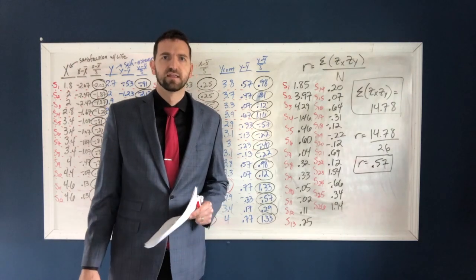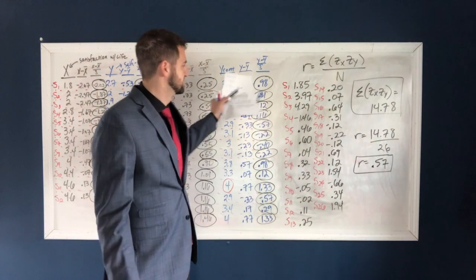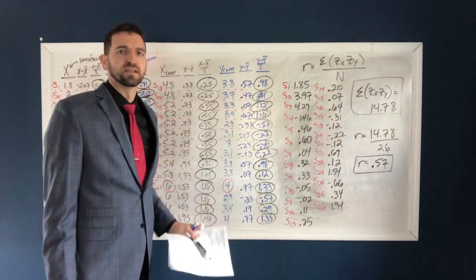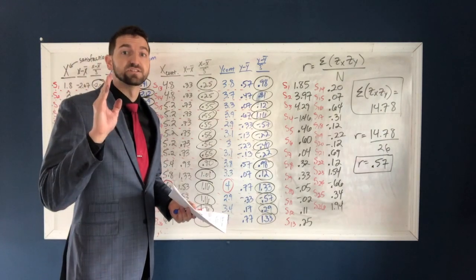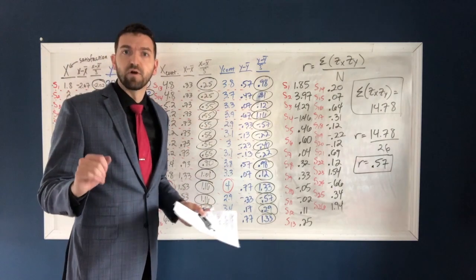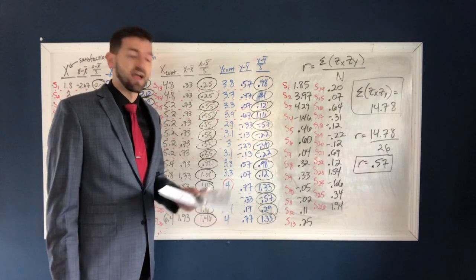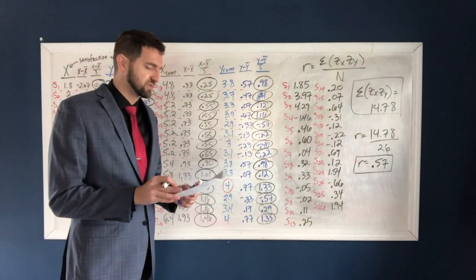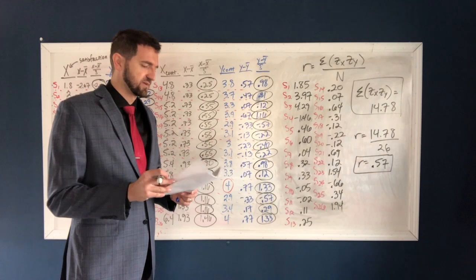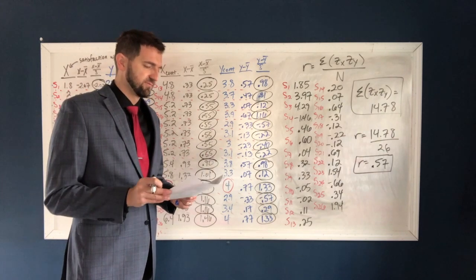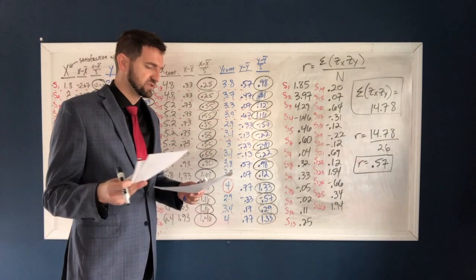That was the hard part. So make sure you have all this. What I'm going to do now is I'm going to erase what we just did, and I'm going to write the interpretation for the correlation. You know what?